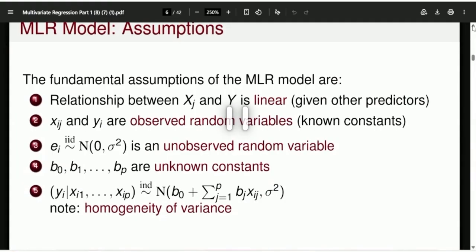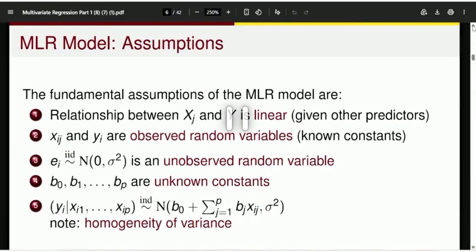When we specify a model, the reason statistics is very attractive is that our models have assumptions, and if all the assumptions hold, we expect our model to perform greatly.